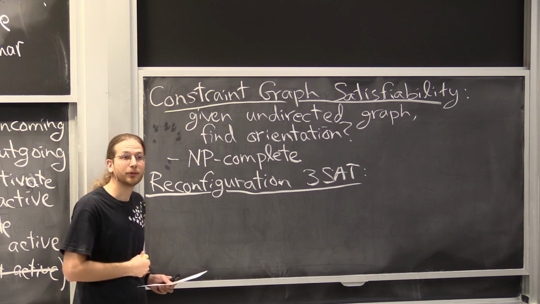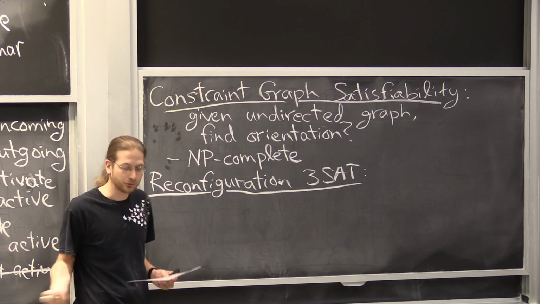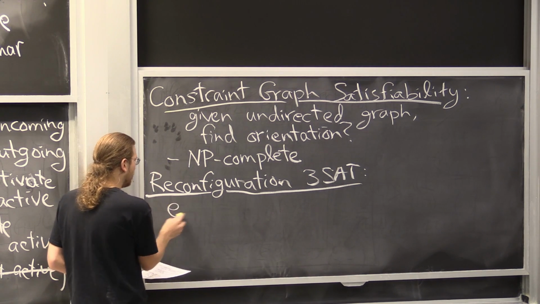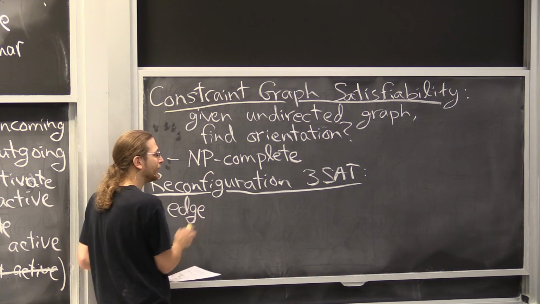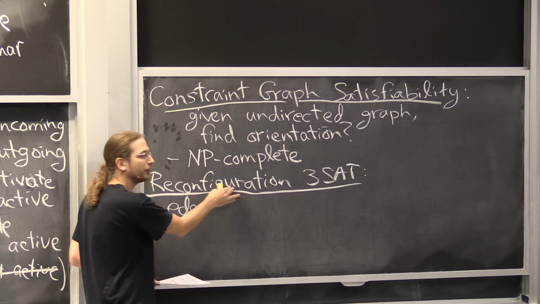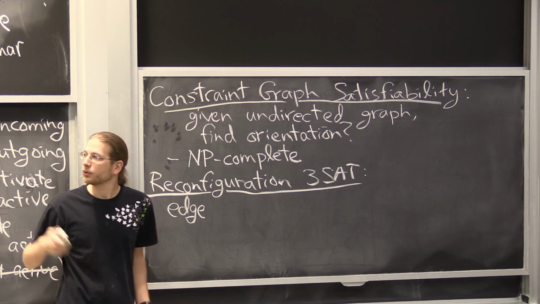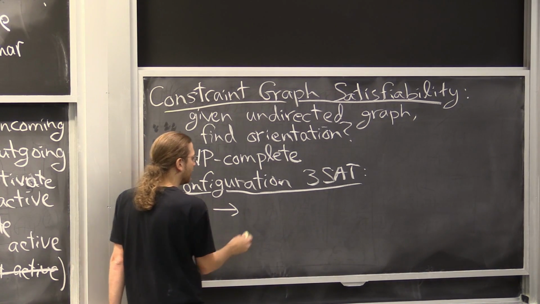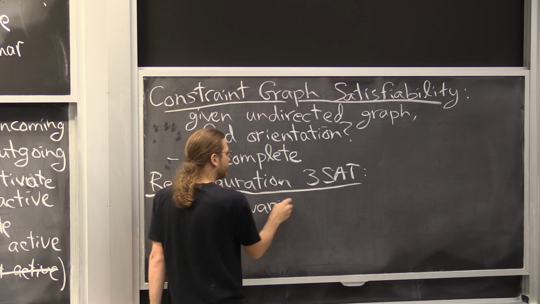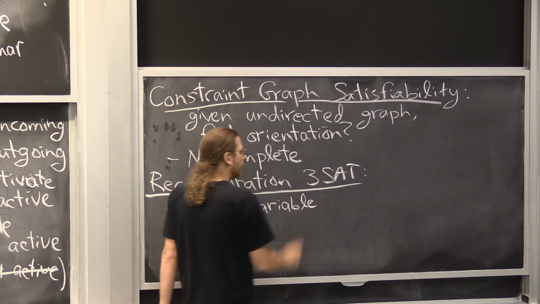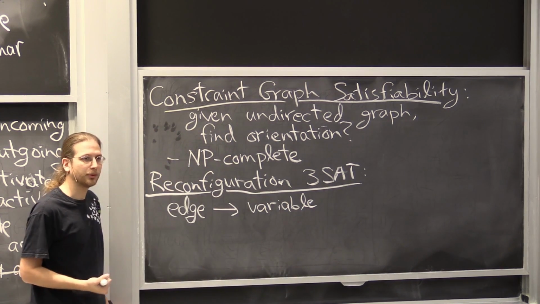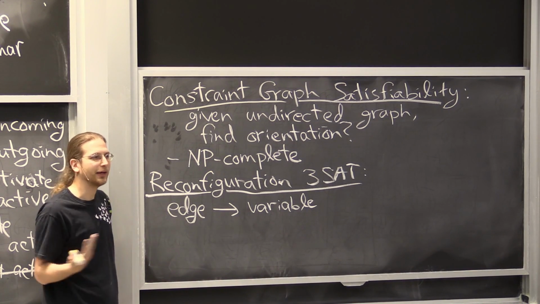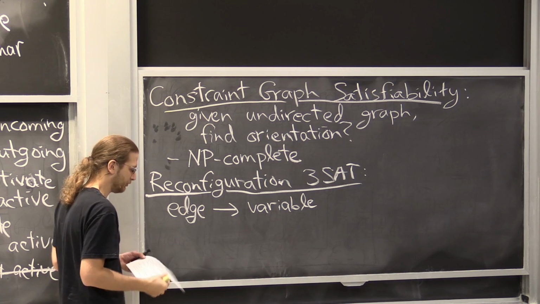But there's actually a really easy proof once you have nondeterministic constraint logic, so we're going to simulate nondeterministic constraint logic using this reconfiguration problem. In order to represent an edge in our constraint graph, we will just make that into a variable. True for that variable means the edge is pointed one way, and false means the other way. You just decide a canonical orientation for each edge.